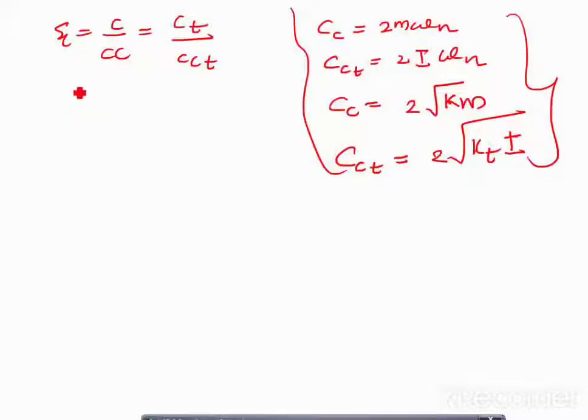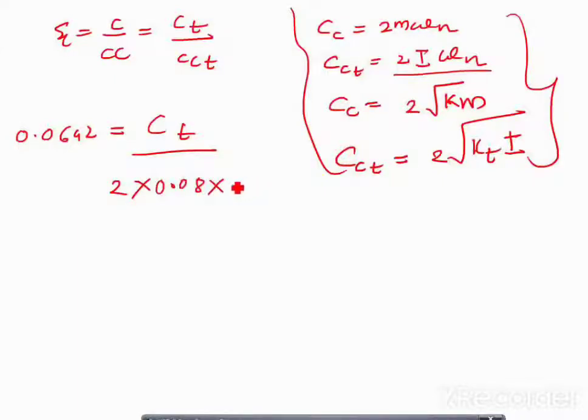From this, zeta is equal to 0.0642. Now I want to calculate Ct, the damping torque. So Ct upon Cct, and I will take the formula 2I into omega n, with I equal to 0.08 and omega n which I have already calculated, 4368.63 radian per second.